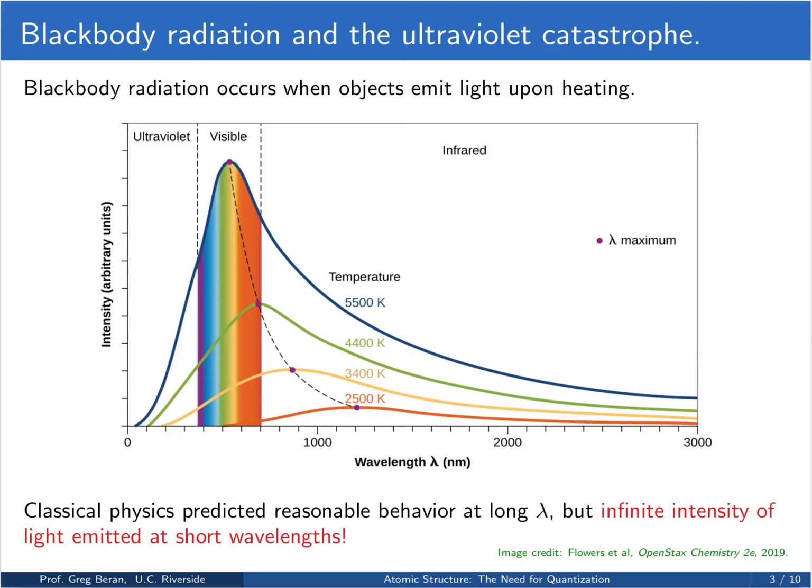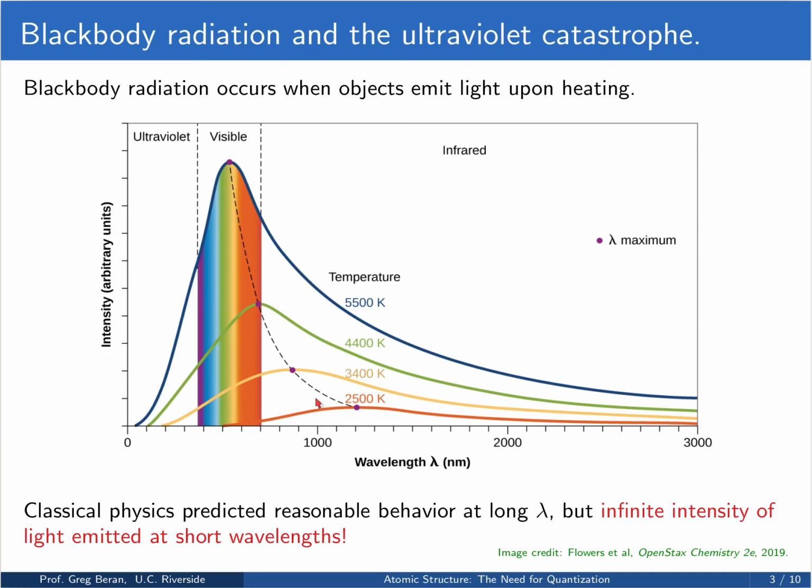So again, blackbody radiation occurs when objects emit light upon heating. This graph here shows the distribution of wavelengths being emitted by a blackbody at different temperatures. So for example, if our blackbody object is at 2500 Kelvin, it emits light according to this distribution of wavelengths, with a maximum emission in the infrared around 1200 nanometers.